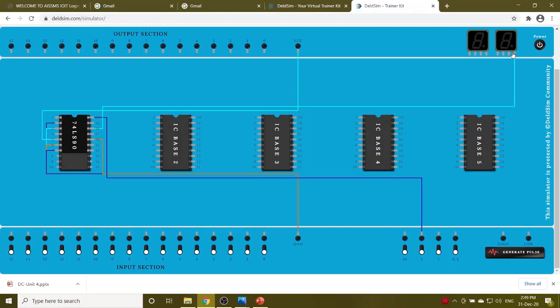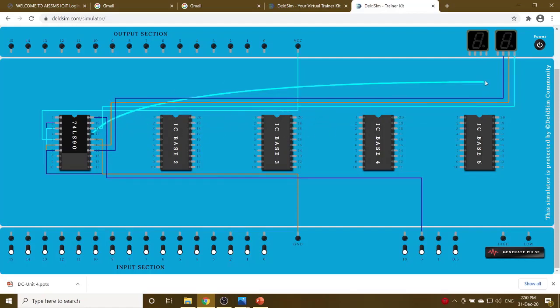Then QB is pin 9. QC is pin 8. QD is pin 11. So you have to connect these.